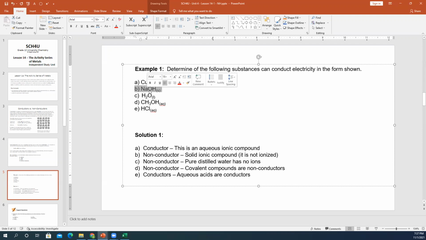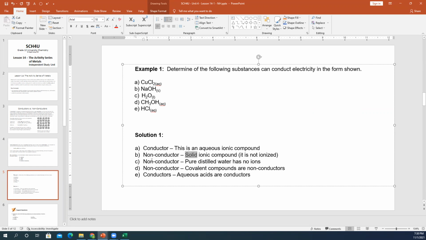Now, solid NaOH, solid sodium hydroxide, would be a non-conductor. This is a solid ionic compound. It is ionic, but because it's solid, it is not ionized. So it would be a non-conductor.